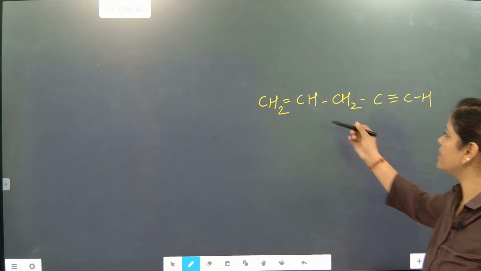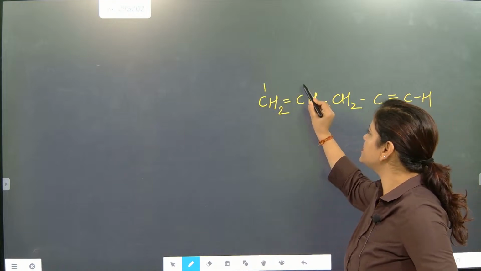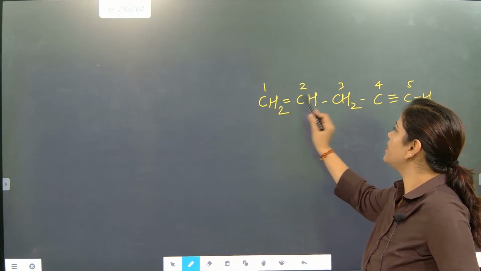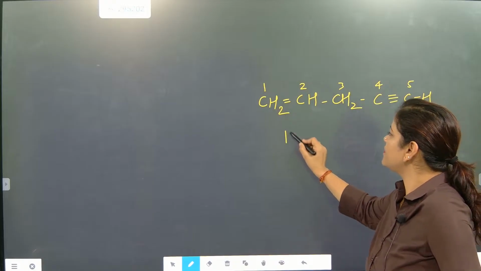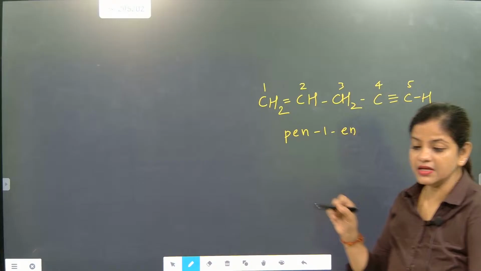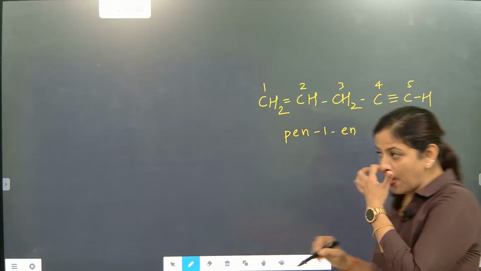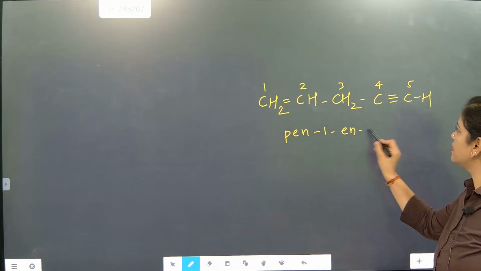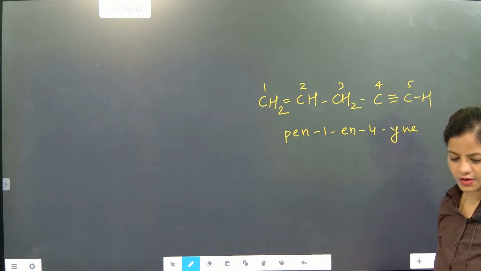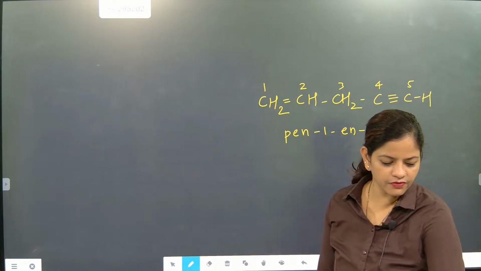So when we give preference to the double bond, you start numbering 1, 2, 3, 4, 5. So we will say pent-1-en-4-yne. Note down pent-1-en-4-yne.